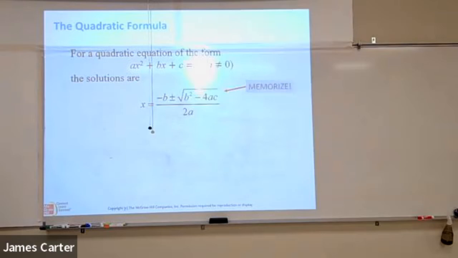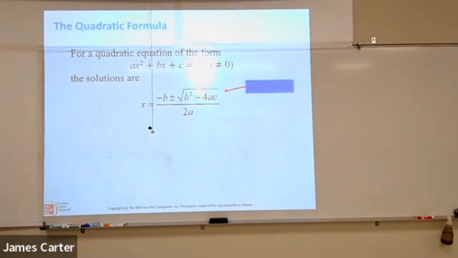x equals, what this does is it gives you the x values from one of these equations without having to factor it. Negative b, negative whatever that number is, plus or minus the square root of b squared minus 4 times a times c, all over 2a.